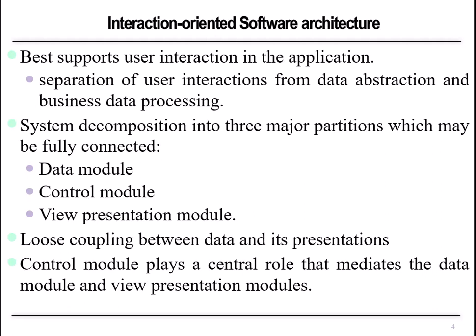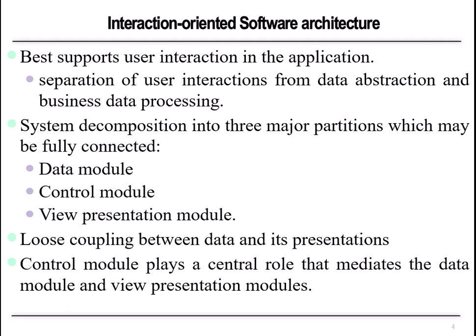It best supports user interaction in the application, and the separation of user interaction from data abstraction and business data processing. This means interaction-oriented architecture shows the separation of user interactions from data abstraction and business data processing.